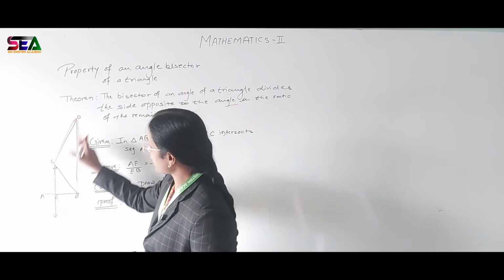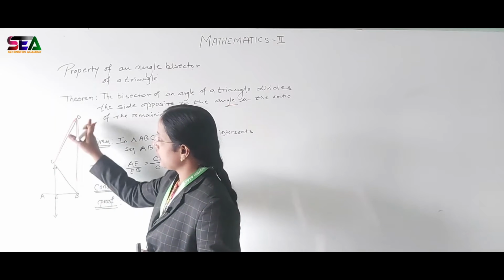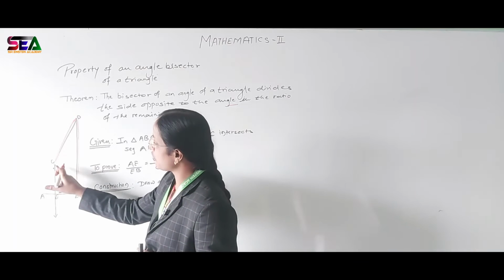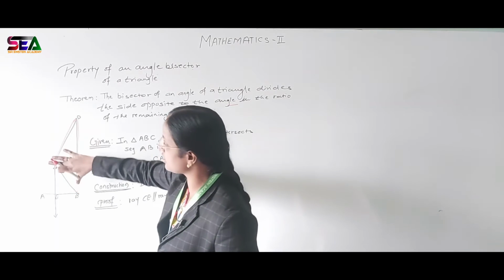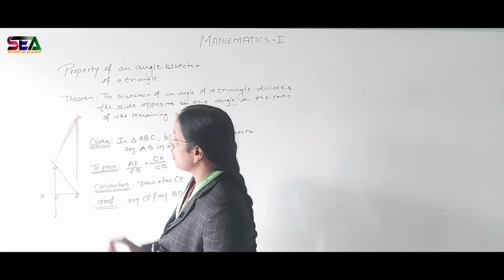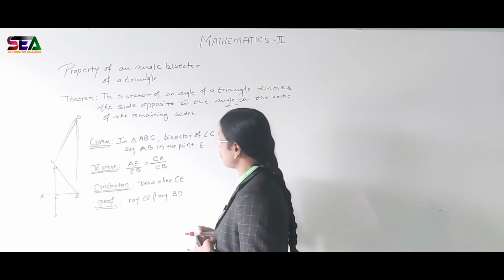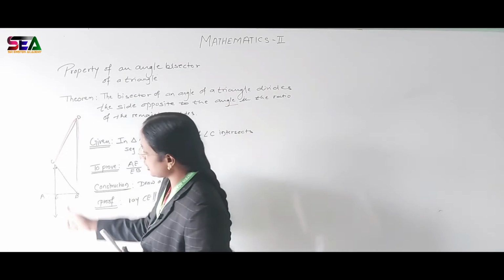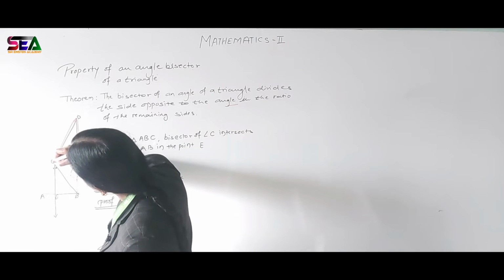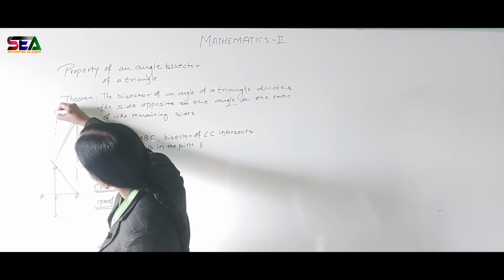See, CE is parallel to BD. In this way we have to extend this line and make one more triangle here. This is our construction.